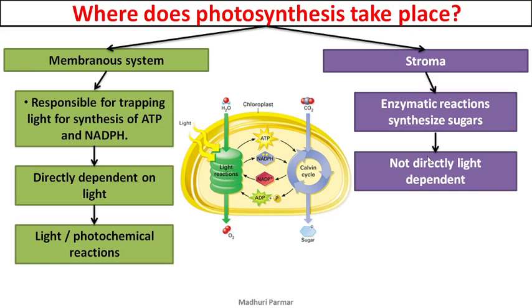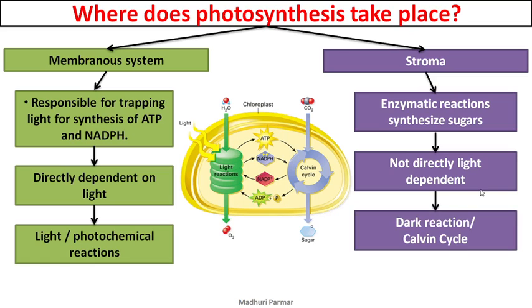It is not directly dependent on light. As you can see, there is no direct light which is required for this phase. Only the products of the light reaction, which are NADPH and ATP, are required for this phase. So it is also known as dark reaction or Calvin cycle.